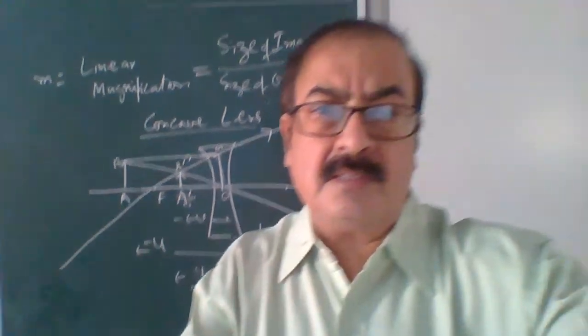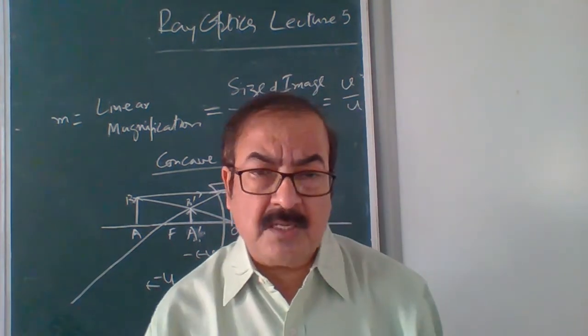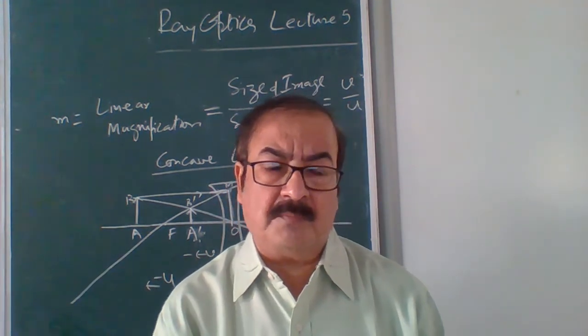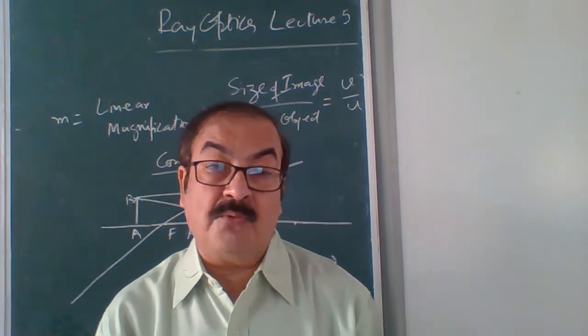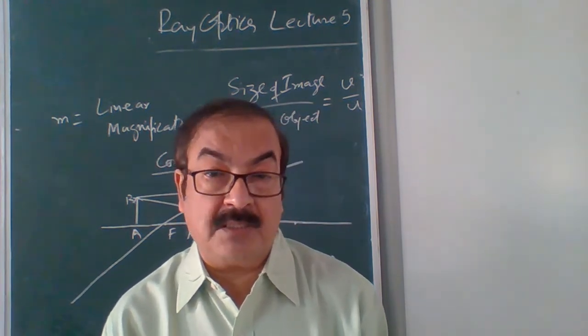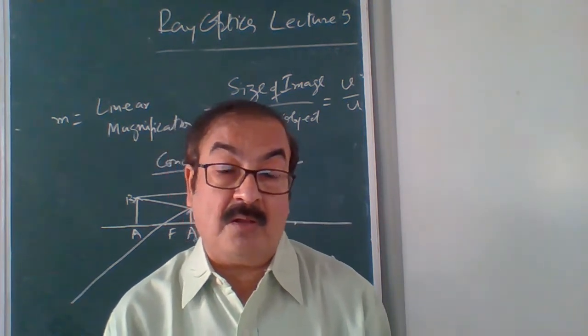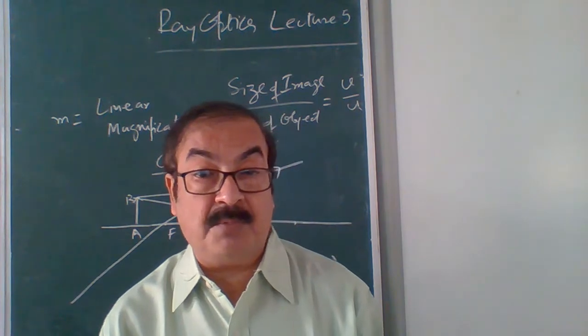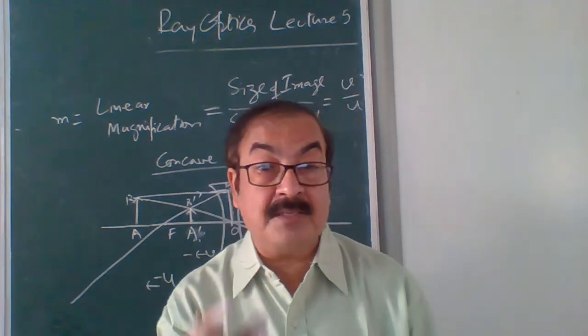We have also seen the effect of placing an object between the focus and optical center. In case of concave lens, wherever we place the object, the image is always virtual, erect and small in size.